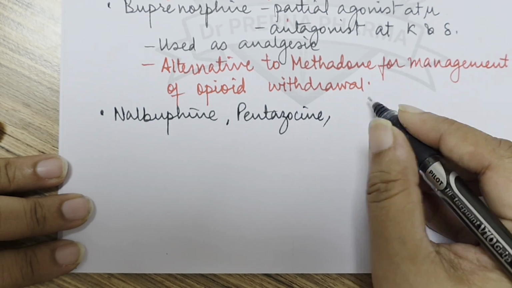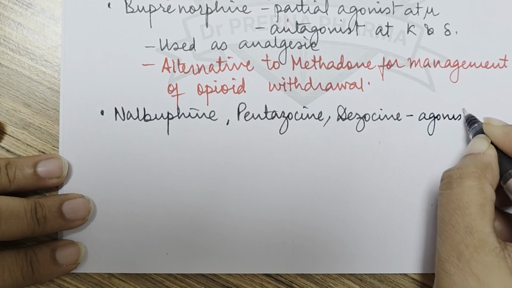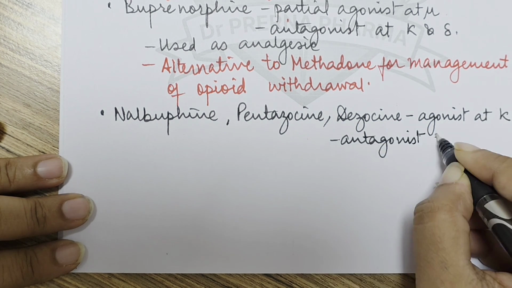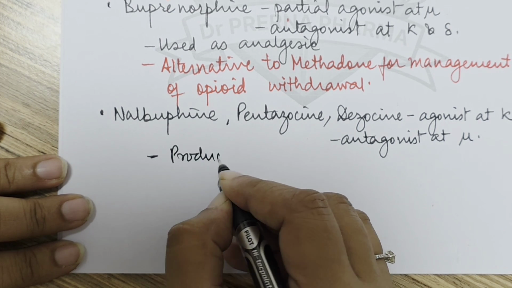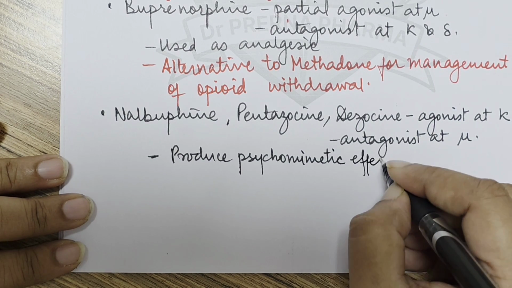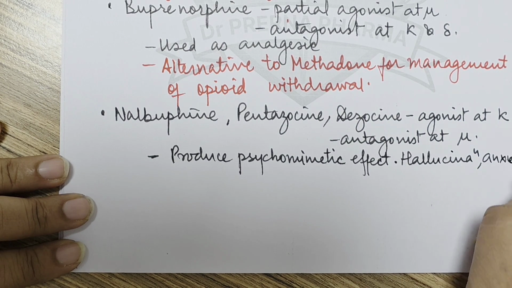Next is nalbuphine, pentazocine and dezocine. These are agonists at kappa and antagonists at mu. So these drugs produce psychomimetic effects, that is, as you have seen earlier, they cause dysphoria, so there are hallucinations and anxiety, right?